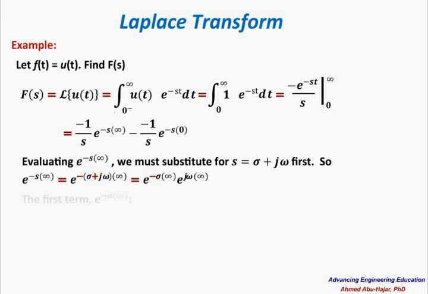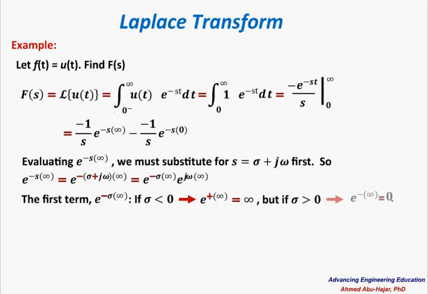The first term, e to the minus sigma at infinity, is the magnitude of this complex number. If sigma is negative, then minus a negative becomes positive, so that will be e to the plus infinity, and e to the plus infinity is infinity. But if sigma is positive, that means I have e to the minus infinity, because the negative of a positive is negative. So I have e to the minus infinity, which converges to 0.